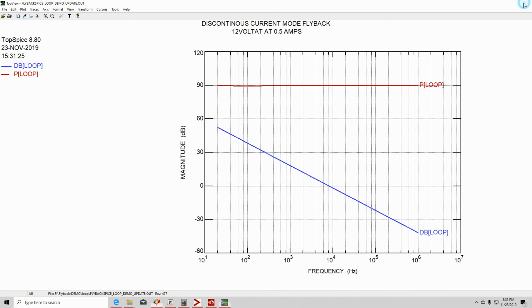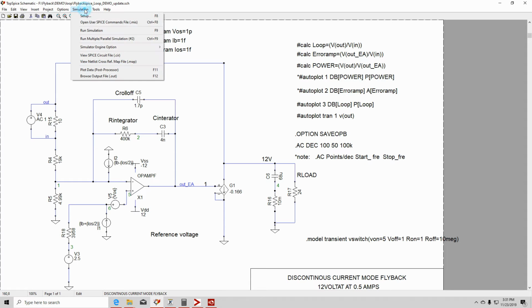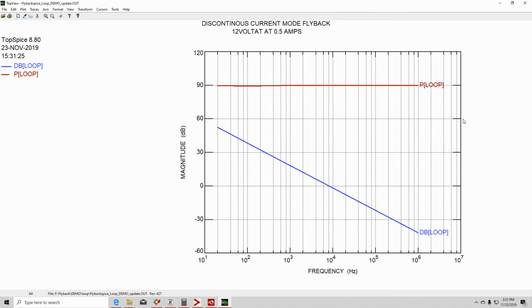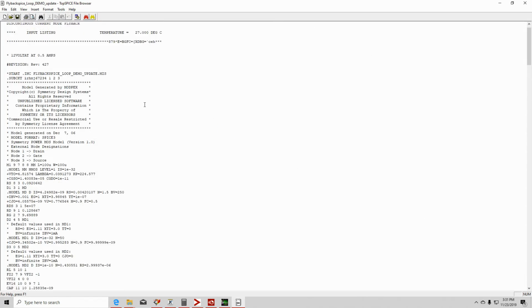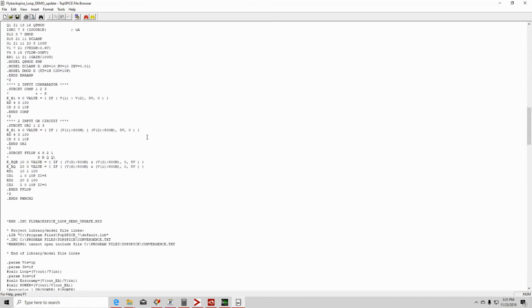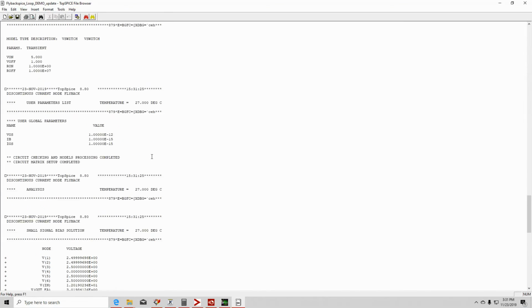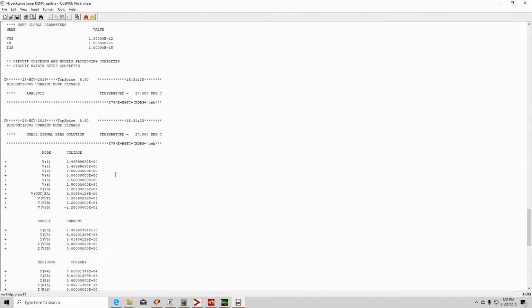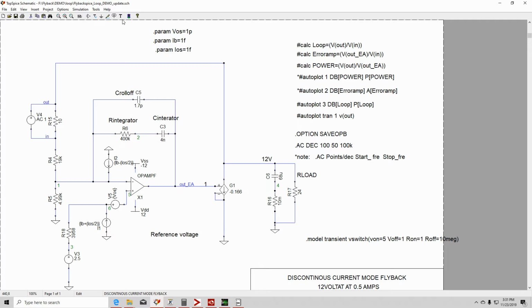To get a more accurate measurement, we go to the output file and we look for Vout. Okay, so here it is. I'll copy that and paste it here.